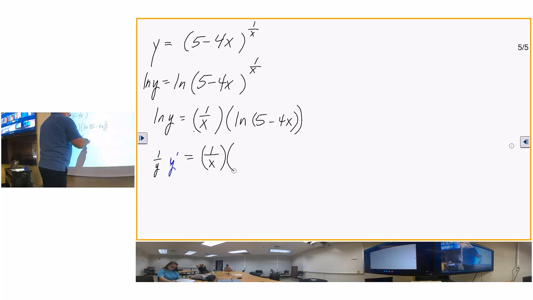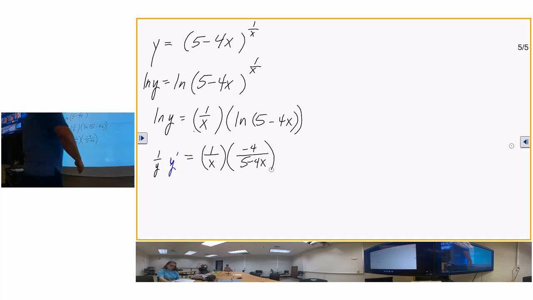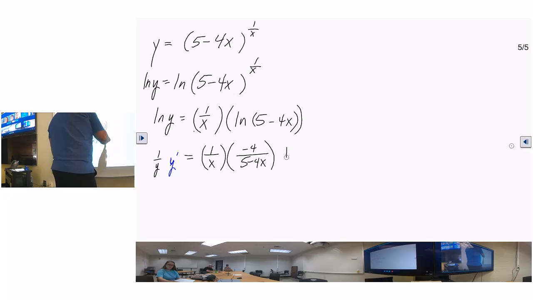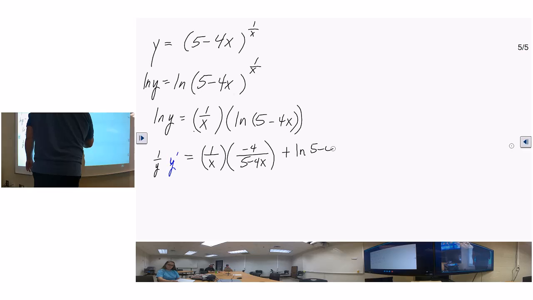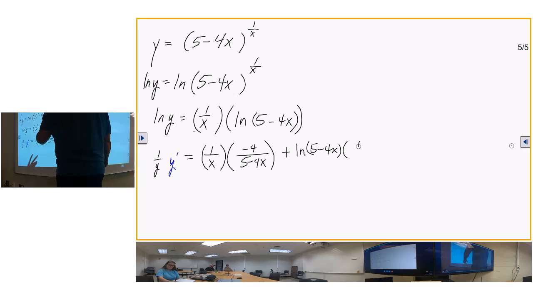Well, that's going to be negative 4 over 5 minus 4x plus the second times the derivative of the first. 1 over x. The derivative of 1 over x, so that's going to be x to the negative 1. So that's going to be negative x to the negative 2, right?